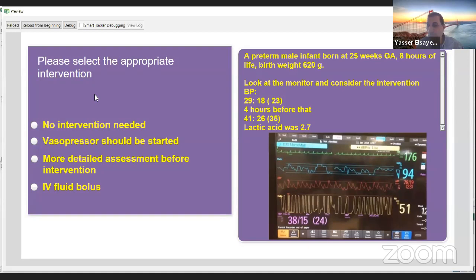Now, question number 3. Only answer question number 3, please. You select the intervention. I made it question number 1 for case number 2. Options: no intervention needed, vasopressor, more details needed, or IV fluid bolus, based on whatever you have now. Please answer the first question only.